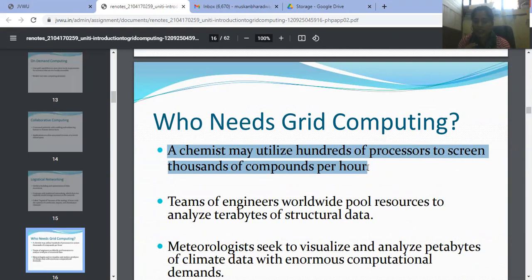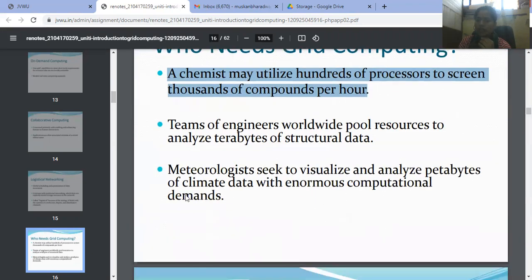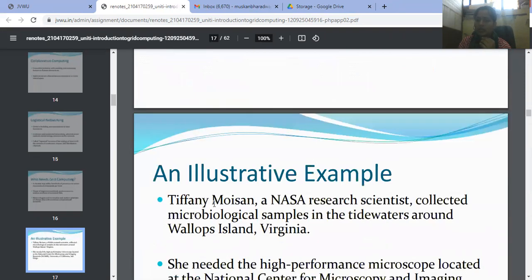A team of engineers can also use grid computing to pool resources to analyze terabytes of data or expand their storage spaces, isn't it? Meteorologists can also use this technology to visualize and analyze petabytes of climate data or enormous weather computations.